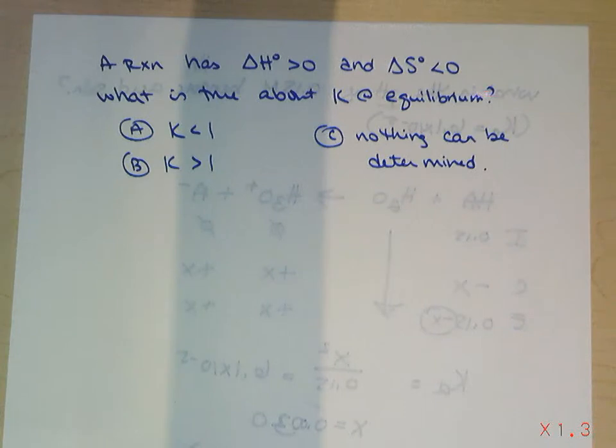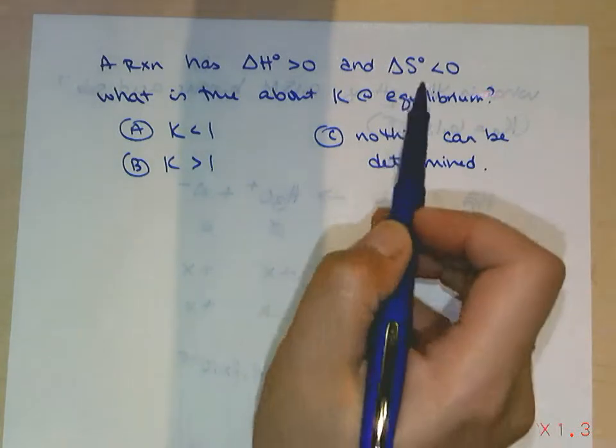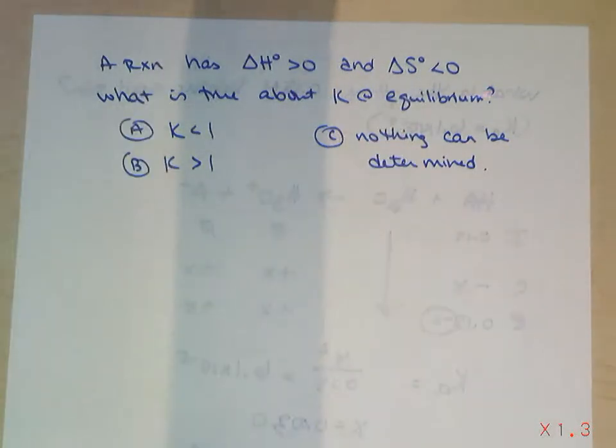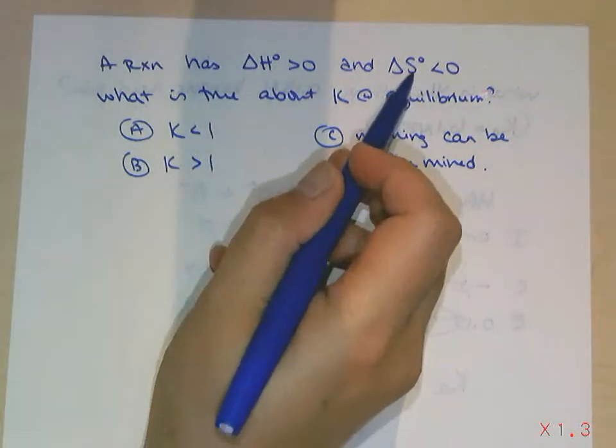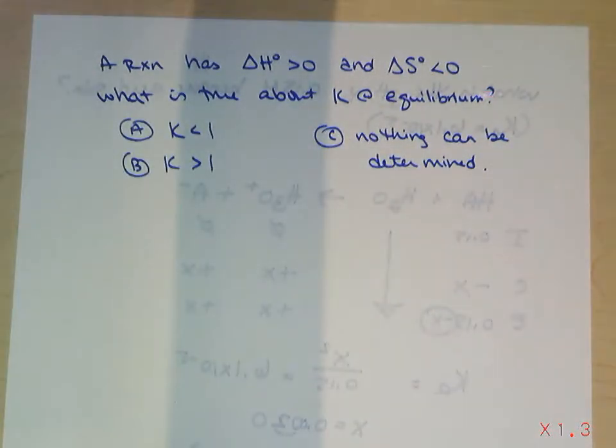Endothermic. If I have a delta S less than 0, is that good entropy or bad entropy? Bad. So I have lots of things working against me. If I have this and this, what is most likely the sign of delta G? Positive. It's most likely a positive delta G, so what is most likely the correct K?